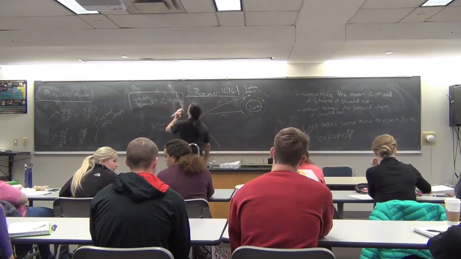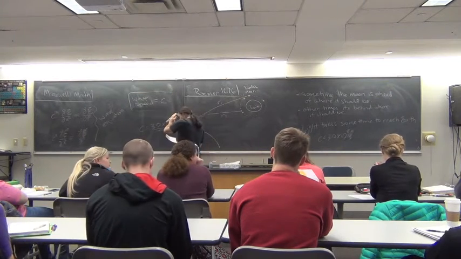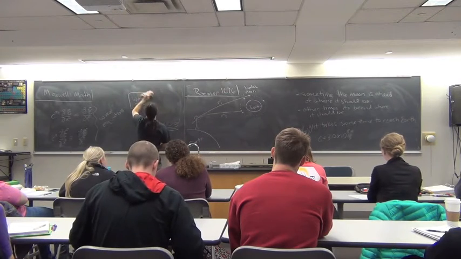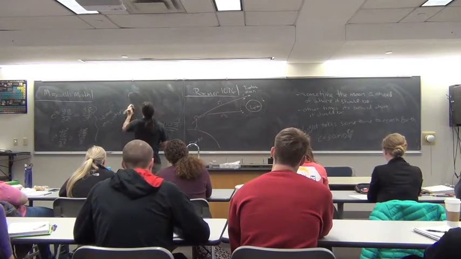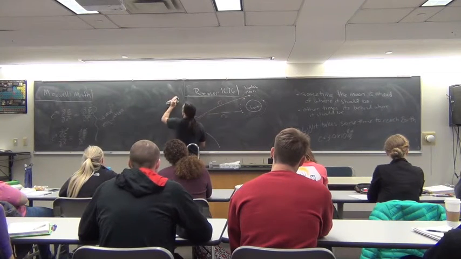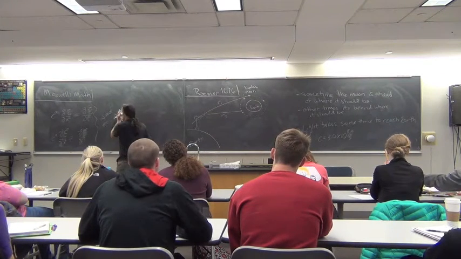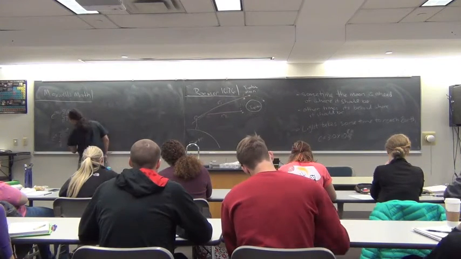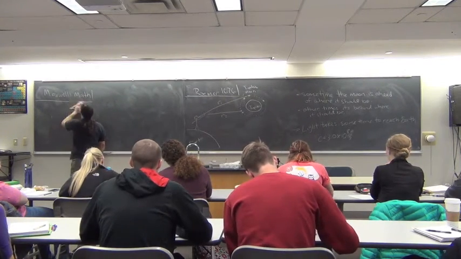1895 comes around, and this guy Hertz shows up. Hertz, I believe, is also the same person who the frequency unit hertz is named after. And he wants to test Maxwell's theory.